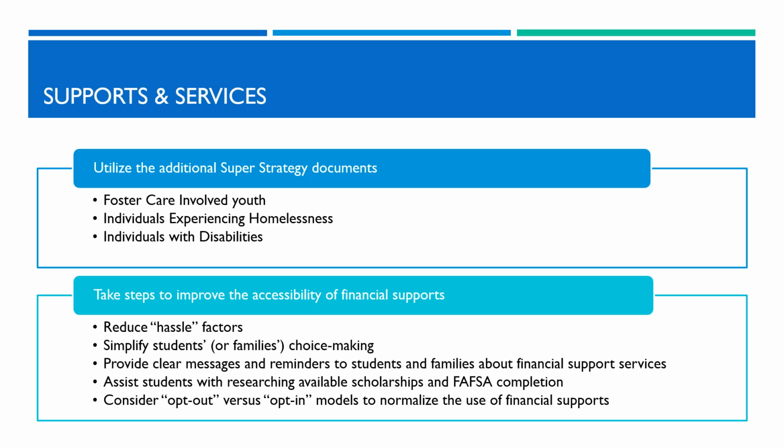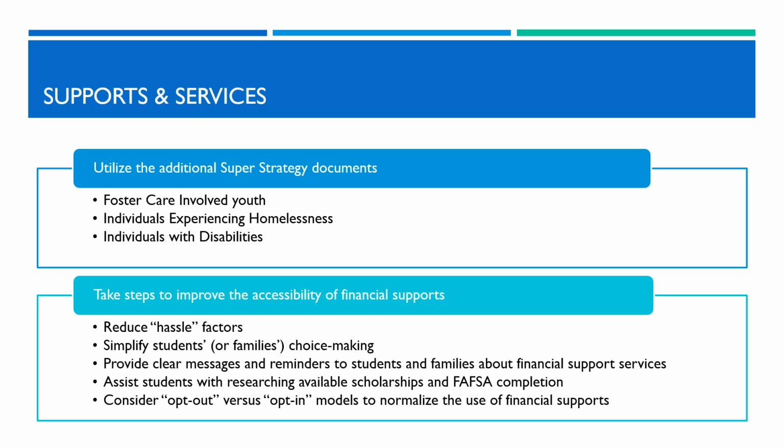So be sure to utilize those because again, when we're talking about support services, when we're talking about additional ways to encourage student involvement and engagement and really to help them to be successful in these programs, it's all based on the individual.